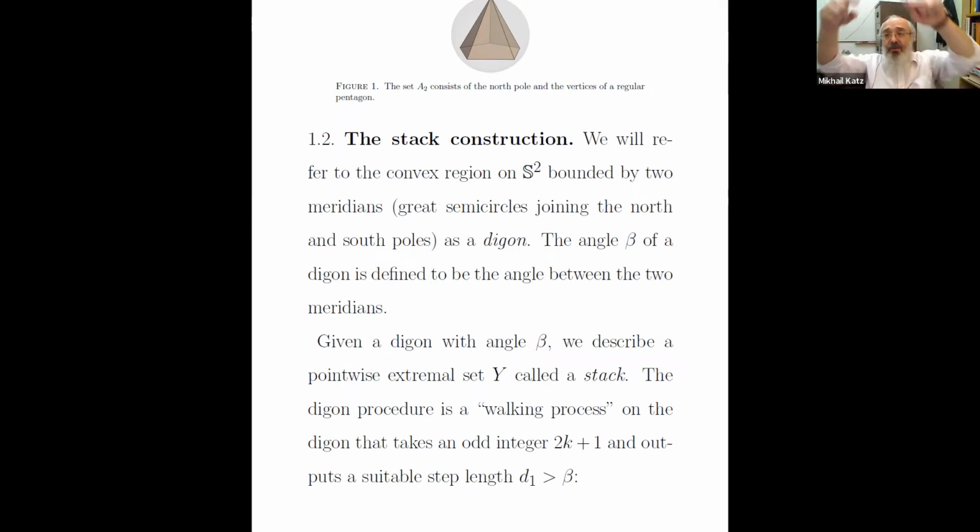A digon is just the spherical convex region contained between two longitudes, or as Kingston prefers to call them, meridians. I call them longitudes, okay? So then you start walking on the alternating sides of the longitude, and out of that, you build a spherical configuration with interesting properties.